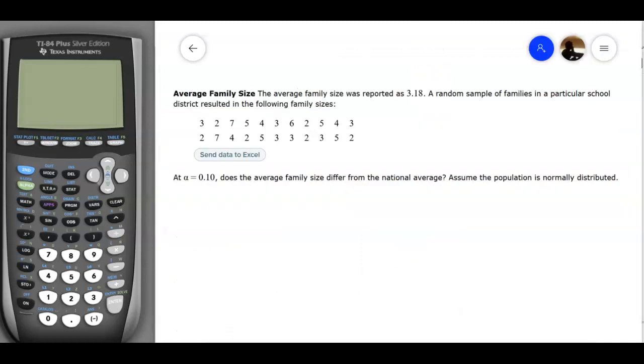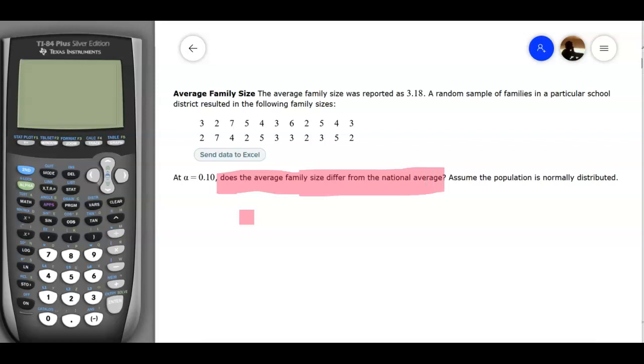Now, in order to define the hypothesis H0 or H1, we always need to find the claim, all right? And the claim is right here this time, so it's in the question. Does the average family size differ from the national average, right?